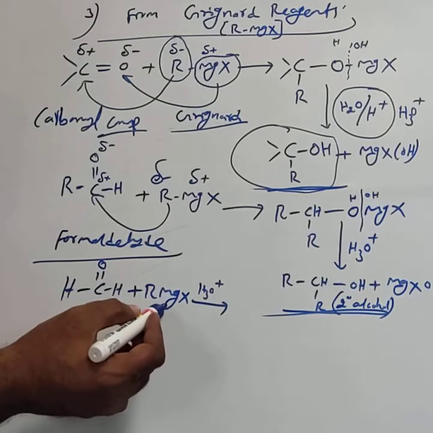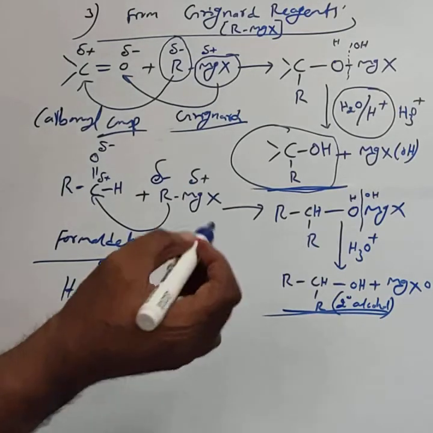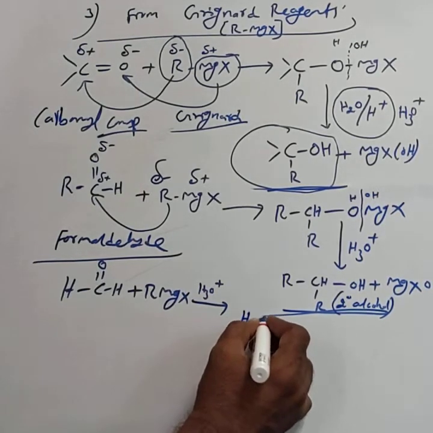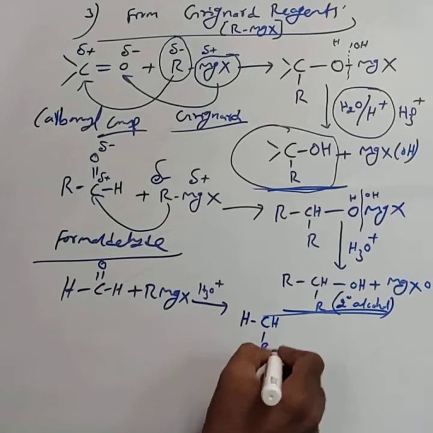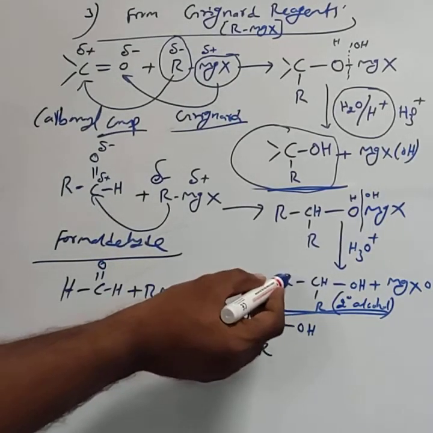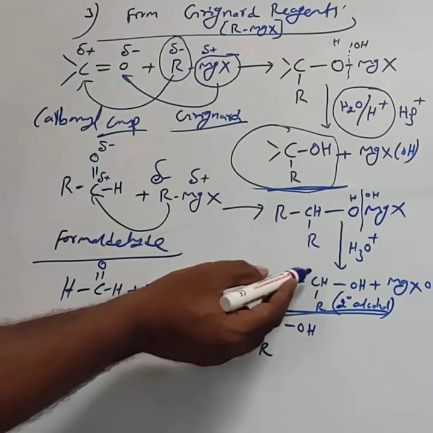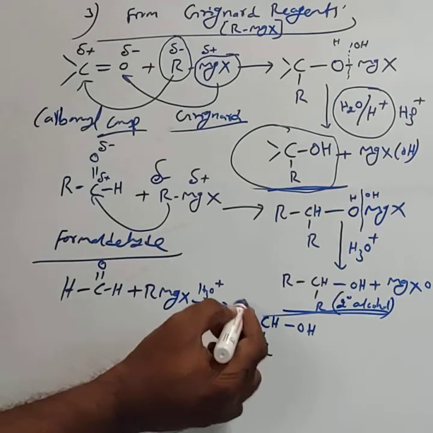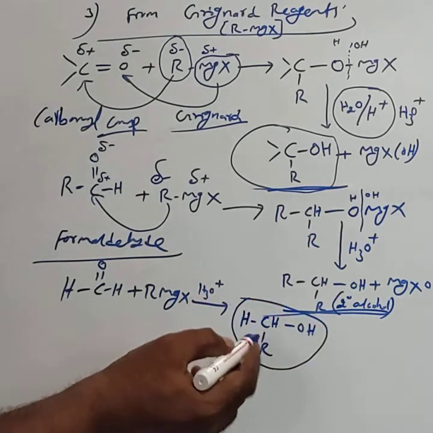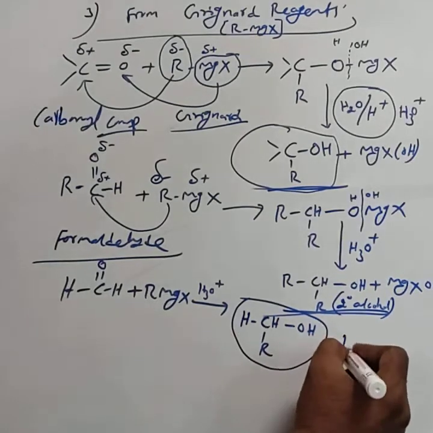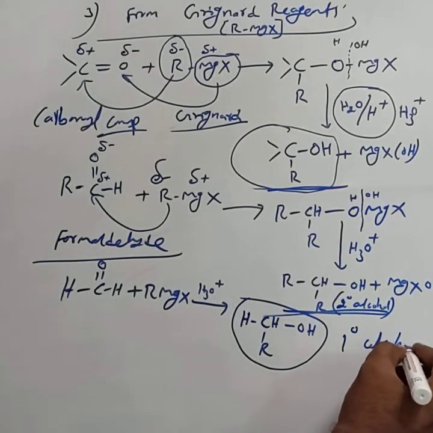Then the product formed is HCHROH, correct? One of the R's is H in the aldehyde, and this R is from the Grignard reagent. This compound is taken as RCH2OH, which means a primary alcohol.